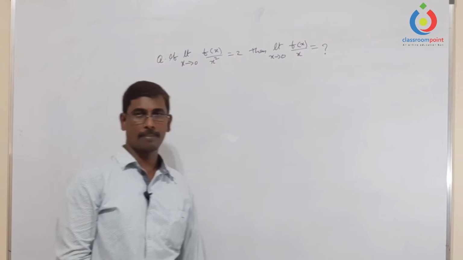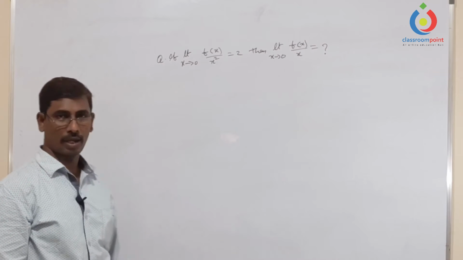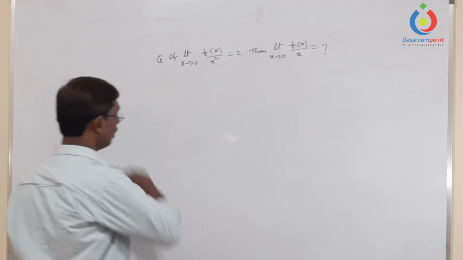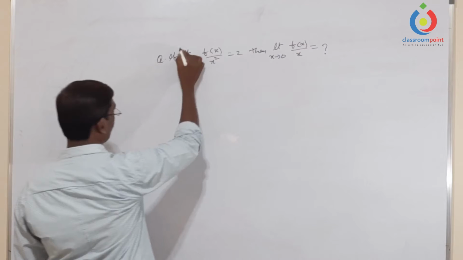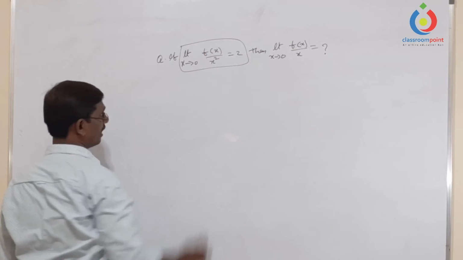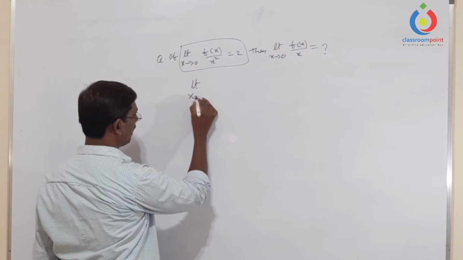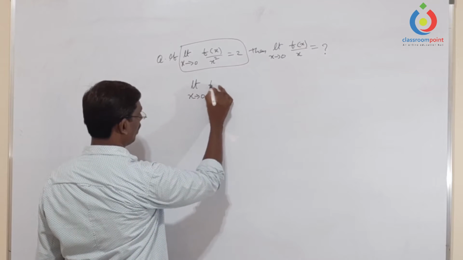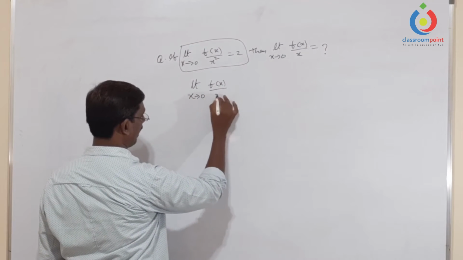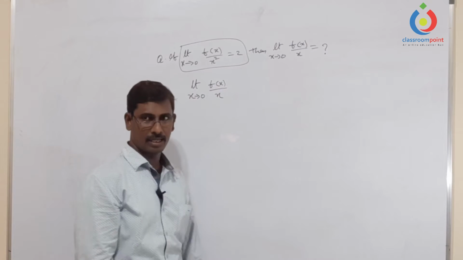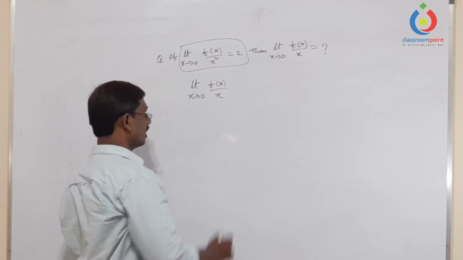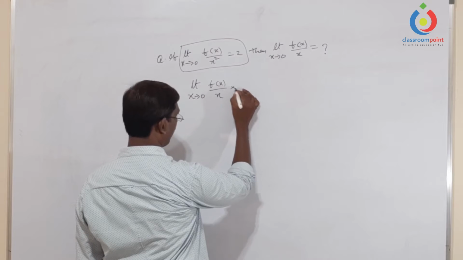This is the question. How to simplify this? See here, the given hint is this one. We need the value of limit x tends to 0 of f of x by x. I'll do one thing here: multiply and divide with x.